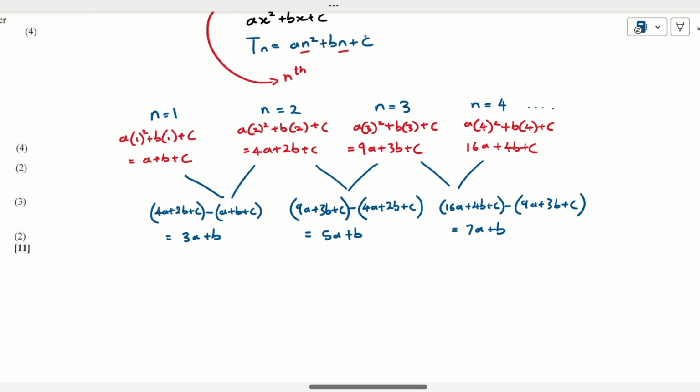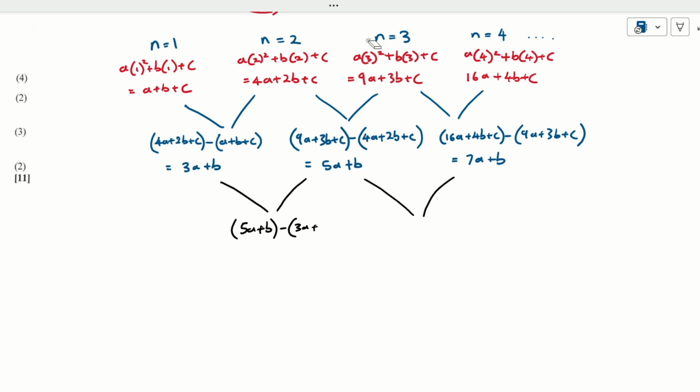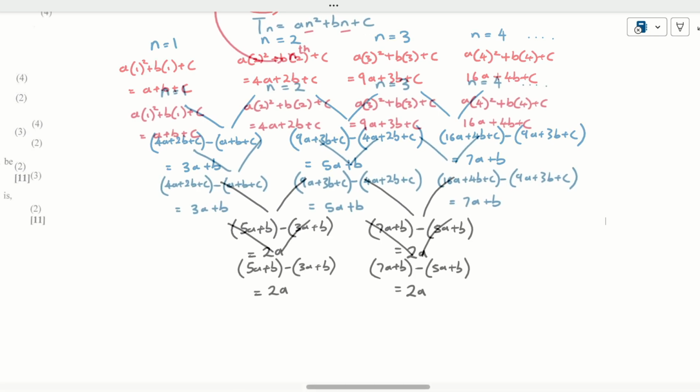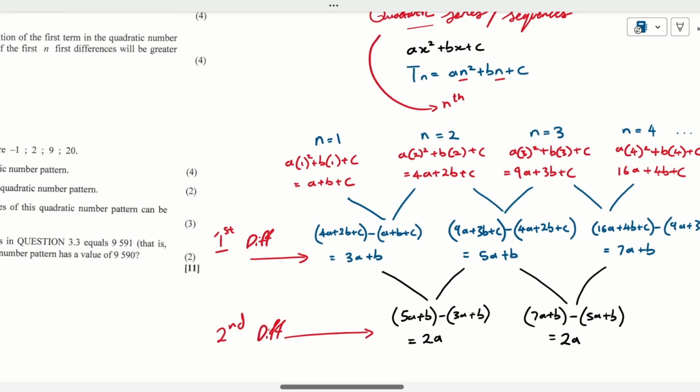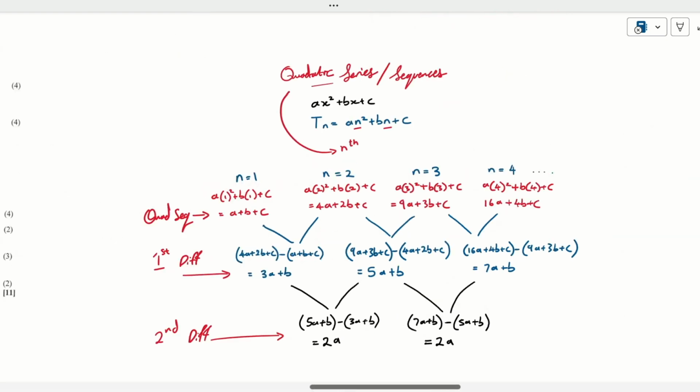Now we can get our second difference. And that's it. So we've got our second difference, our first difference, and the quadratic sequence. So you must be wondering, why did we do this lengthy process? Well, now we have the solution to the quadratic series formula.